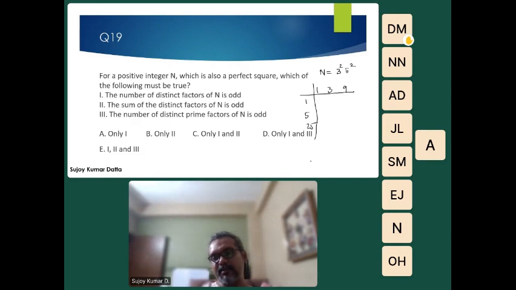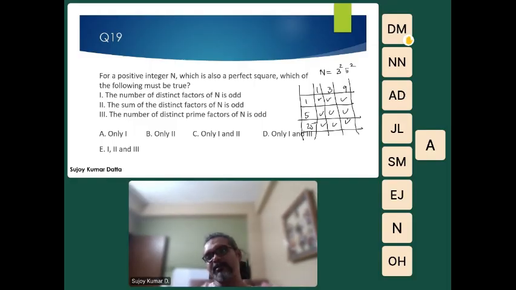When I make this 3 cross 3 table, I am going to get 9 factors: 1 multiplied with 1, 3 with 1, 9 with 1, then with 5, 3 with 5, 9 with 5. I'm going to get 9 such numbers, all of which are odd. So we are basically adding 9 odd numbers. 9 odd numbers will definitely give an odd sum. So the sum is odd.